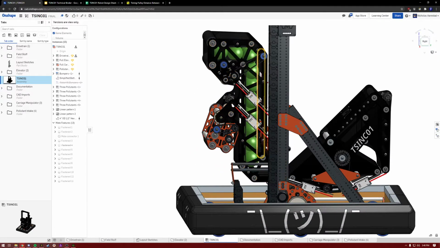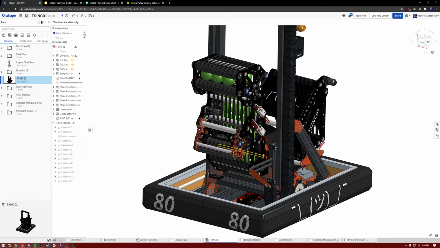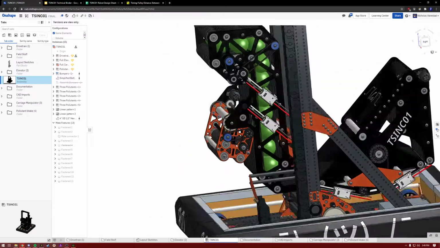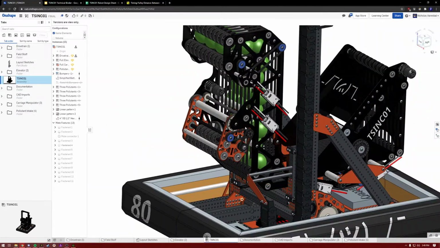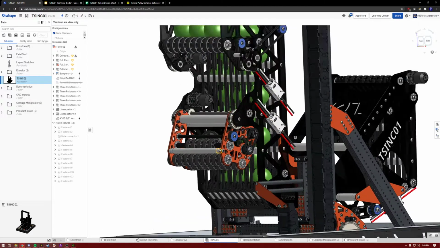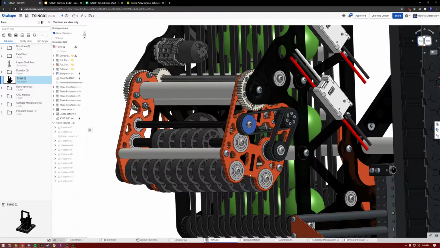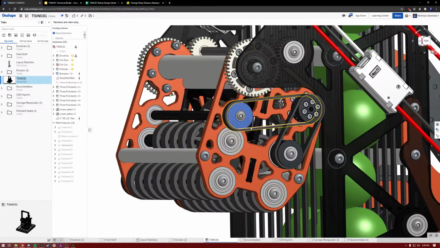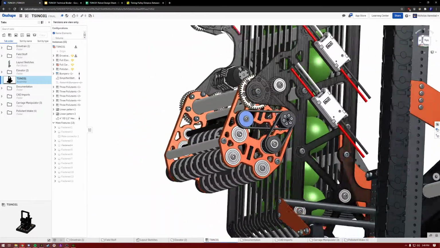So let's talk about the scrubber next. So the scrubber and the climb. What I called the carriage manipulator, because it's mounted to the carriage, integrates a lot of key functions of this robot. It integrates the scrubber claw, which has some really cool design features that I learned a lot designing.